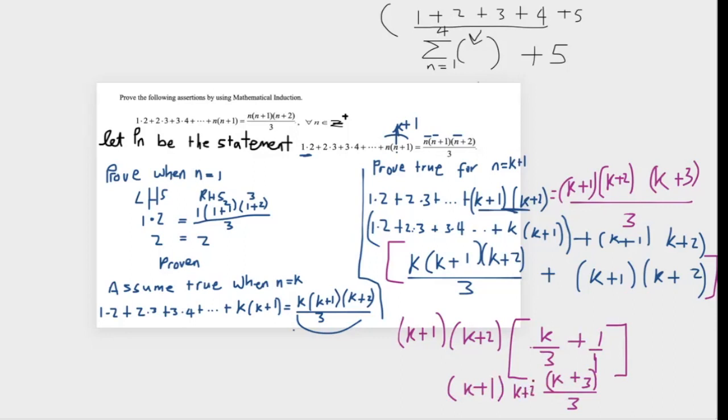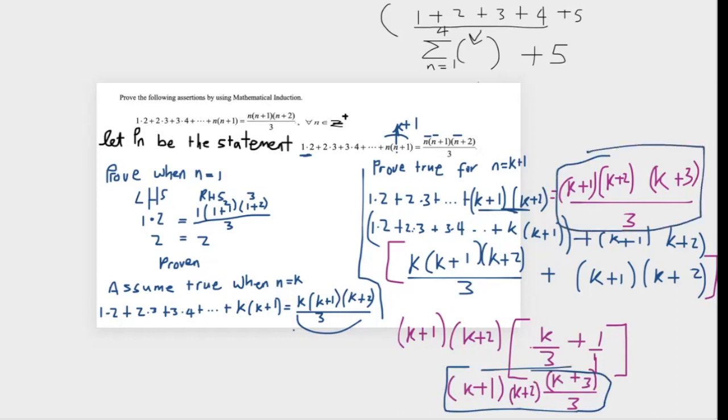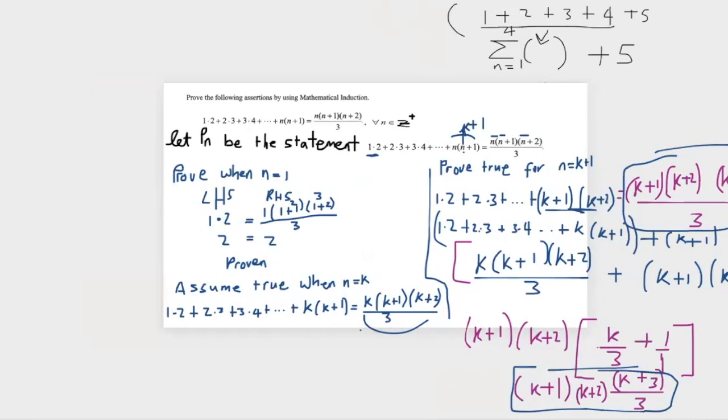So if you look at this, this is my left-hand side. And for my final result, I have the left-hand side, this is the same as the portion I have here, which is the right-hand side. So because they're the same, we have proven it. So what is this saying?